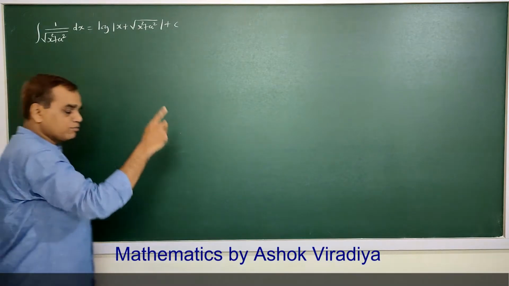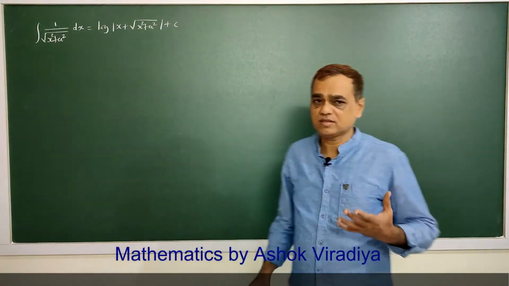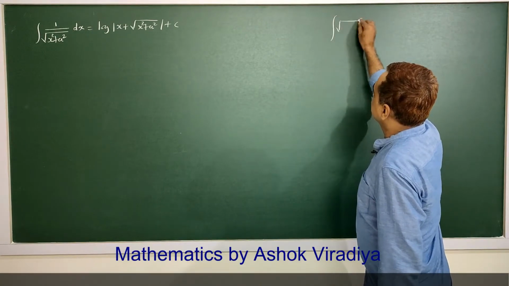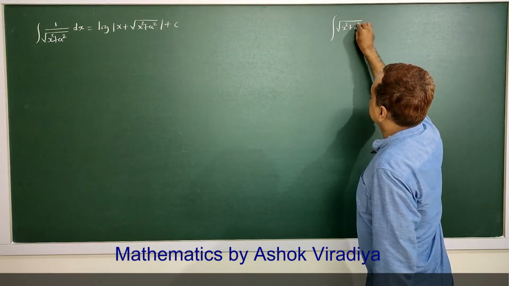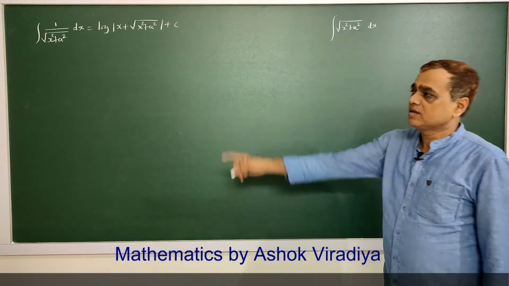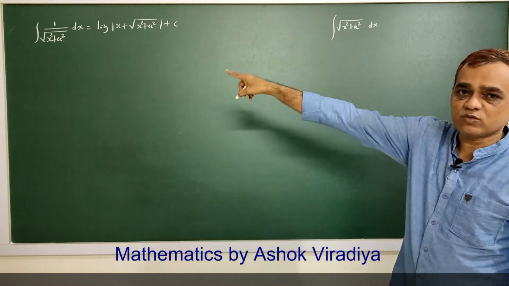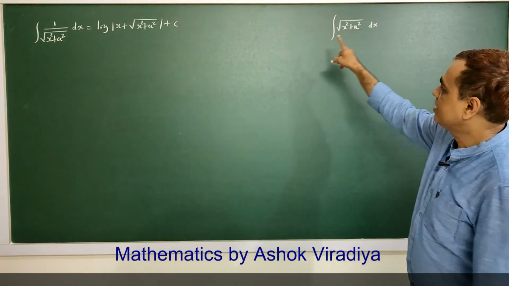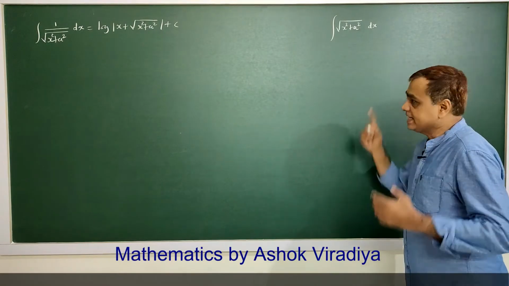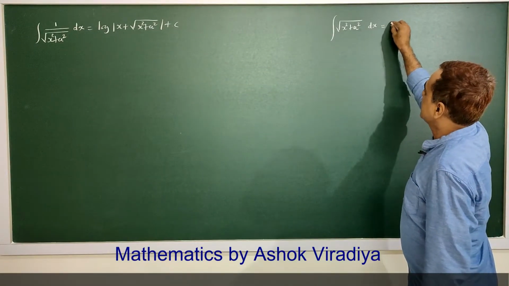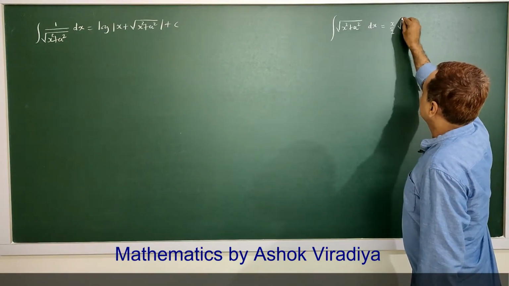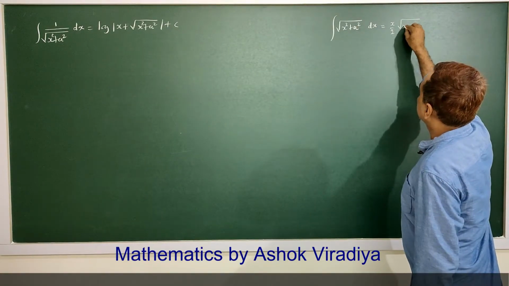Now here I am putting a new result. Integral of root x square plus a square. Look at the difference: here it was 1 upon root x square plus a square, and here it is root x square plus a square. So its integral is x by 2, root x square plus a square, keep as it is.